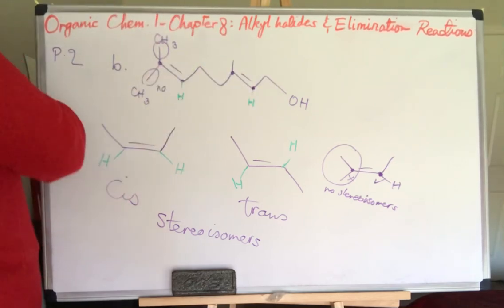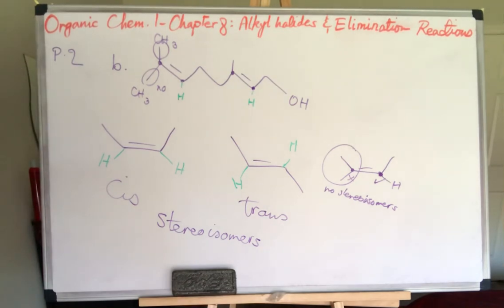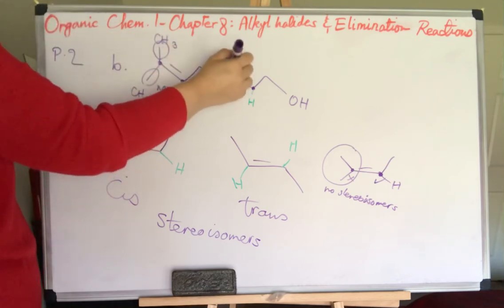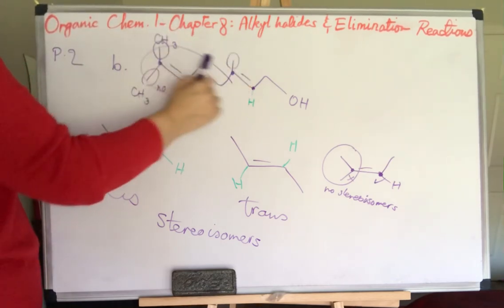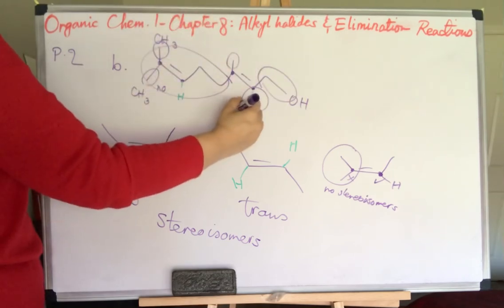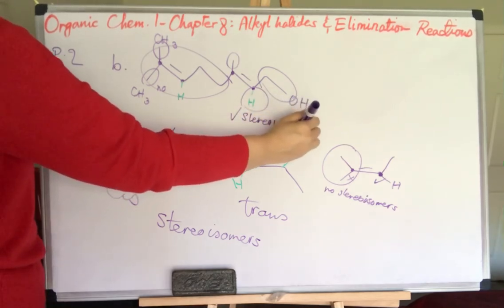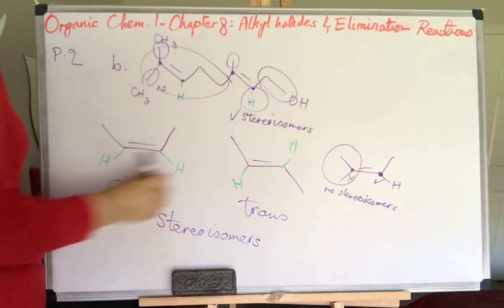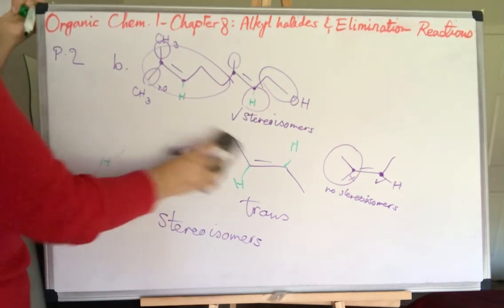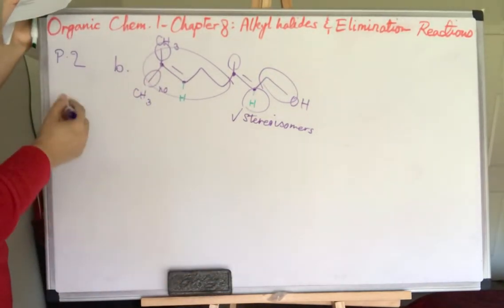Here, hydrogen. Since the question is asking which double bond has a stereoisomer, let's look at this. Here, we did not have a stereoisomer. Here, we have 4 different groups, right? So, we have stereochemistry. We can have cis and trans around it. All right, I hope it was clear. We can work on C also.